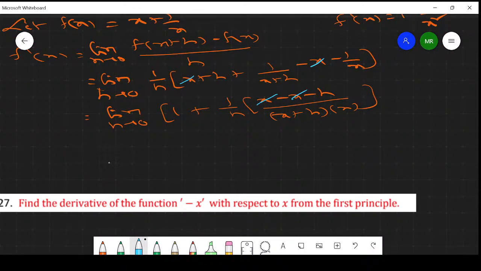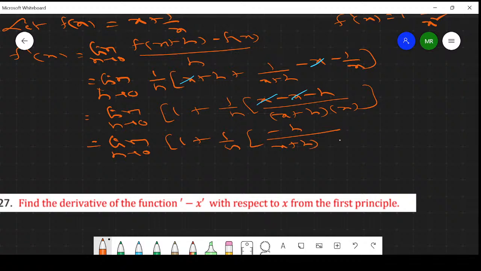Limit h tends to 0. I can write this as 1 by h into minus h by (x plus h) into x.